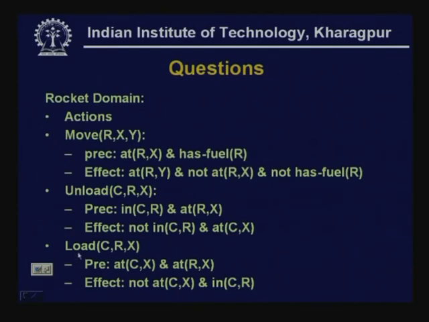Third action, load c r x, precondition is at c x and at r x, effect is not at c x and in c r. So, we have three actions: move rocket from x to y, unload cargo from rocket r at x and load cargo in rocket r at x.